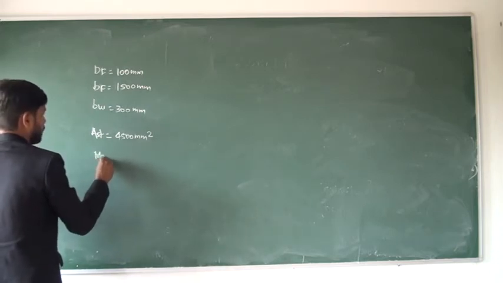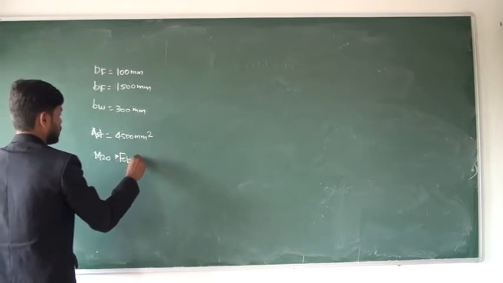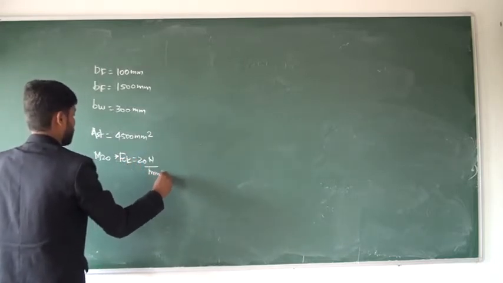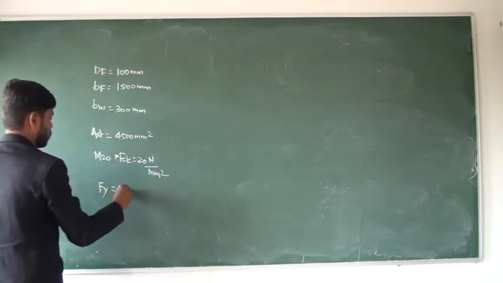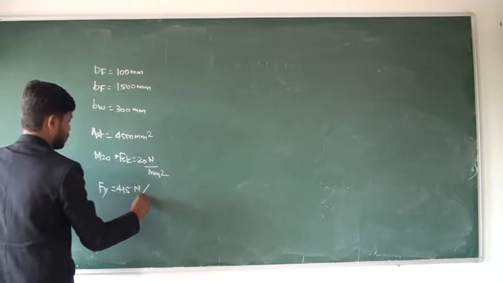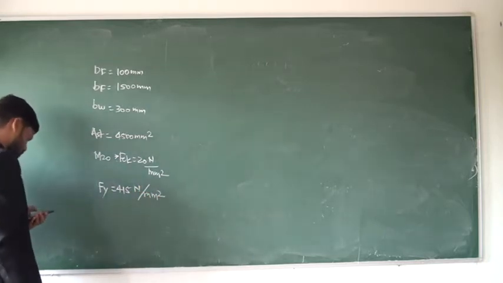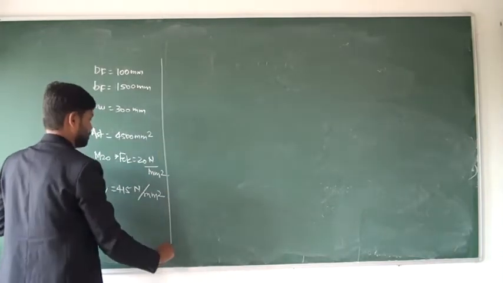M20 concrete grade, which gives FCK as 20 Newton per mm square, and Fy is 415 Newton per mm square. Okay, all the values are given.